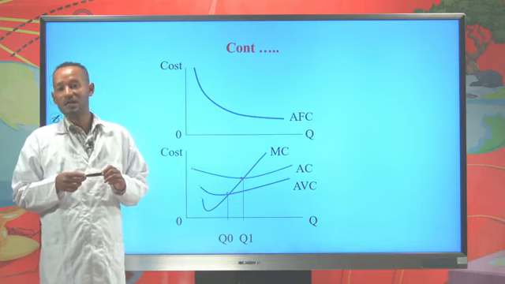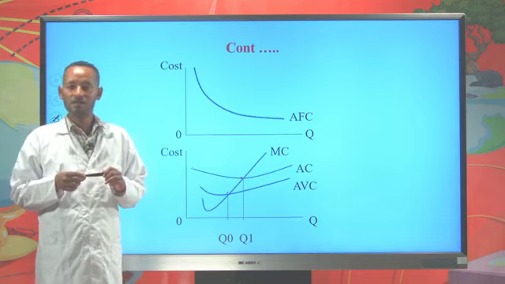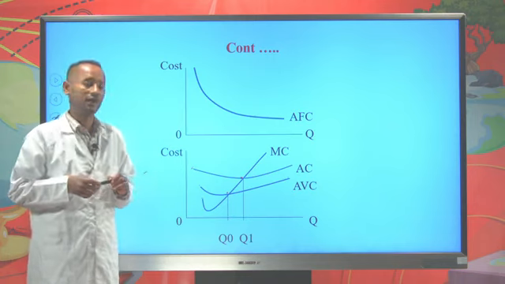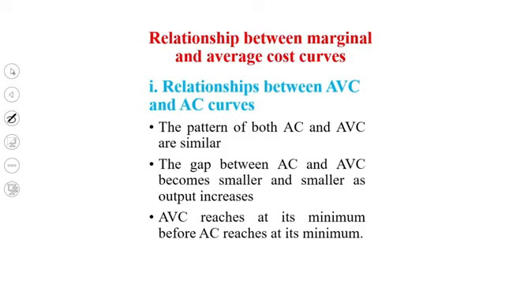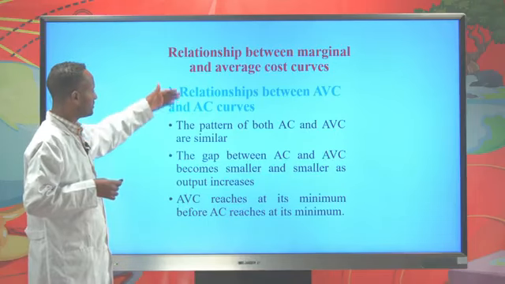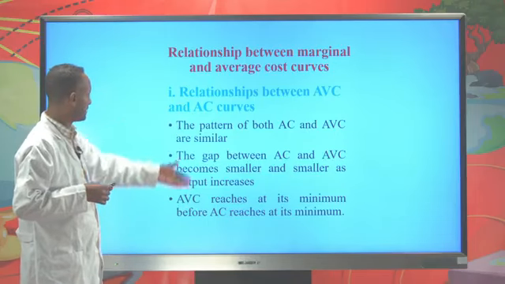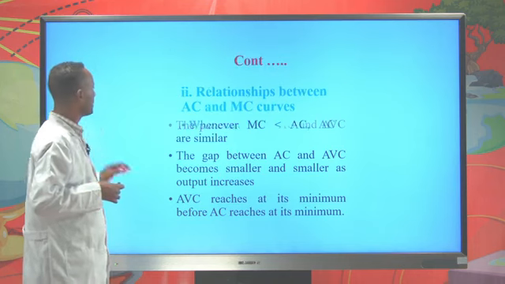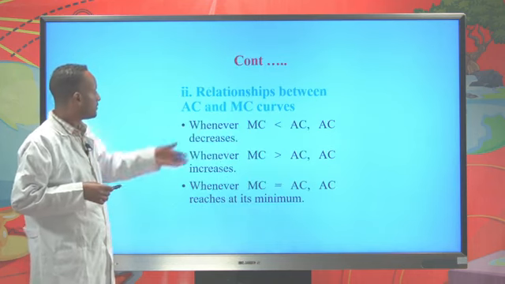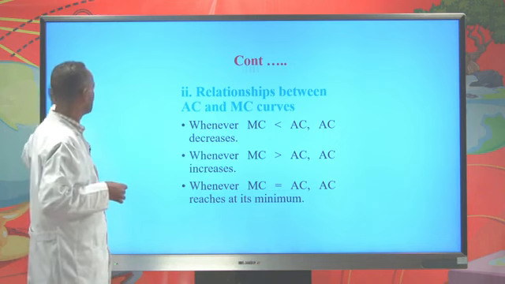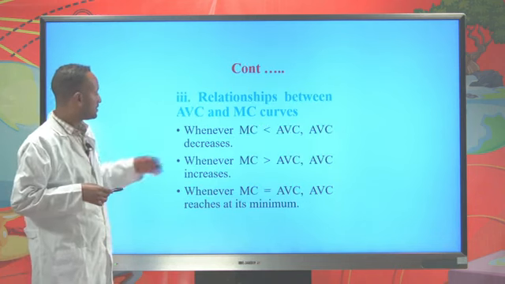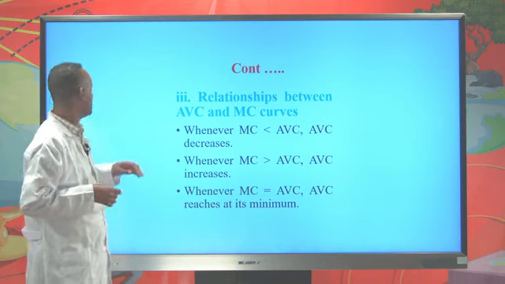Whenever MC is above AC or AVC, AC or AVC increases. This is the relationship between the AVC and the AC curves. This is the relationship between the AC and MC curves. This is the relationship between the AVC and MC curves.